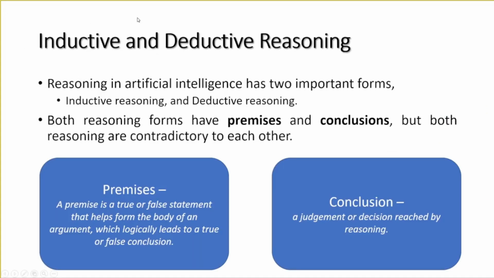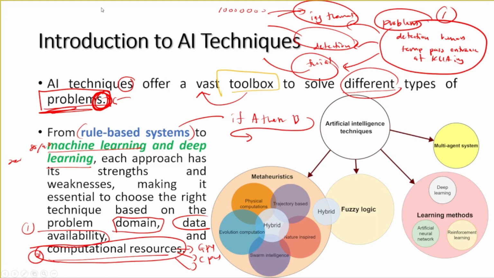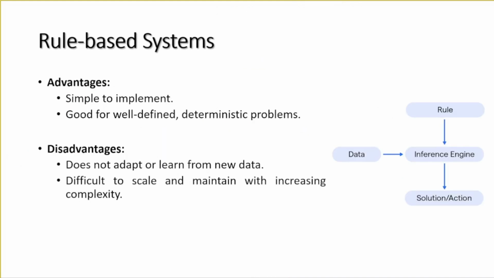Imagine that as I started the lecture just now, I used a rule base from here. Okay, so there must be something meaningful, right? So then goes here. This one is rule base, does not adapt or learn new data.